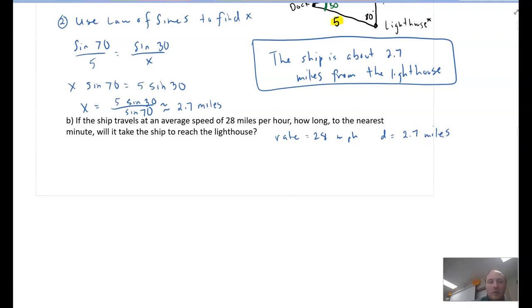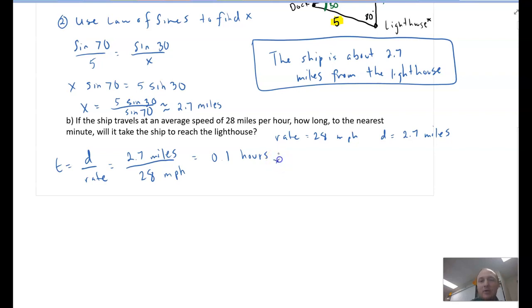If I want to know how long, remember that time is equal to distance divided by rate. So that distance is 2.7 miles divided by 28 miles per hour, which is approximately 0.1 hours.